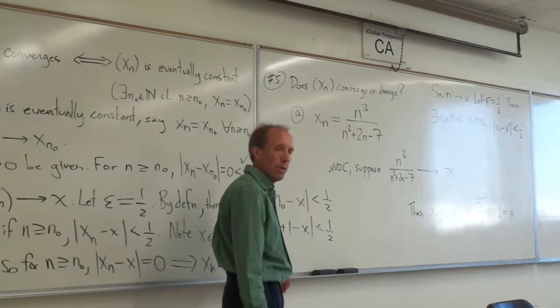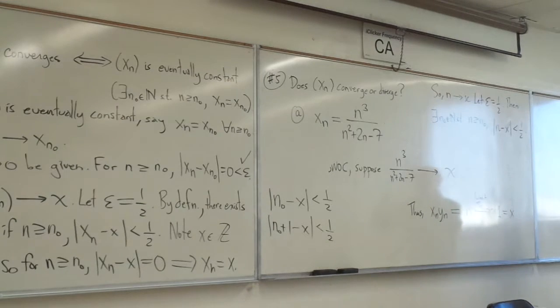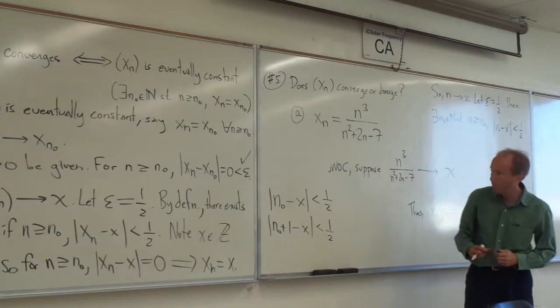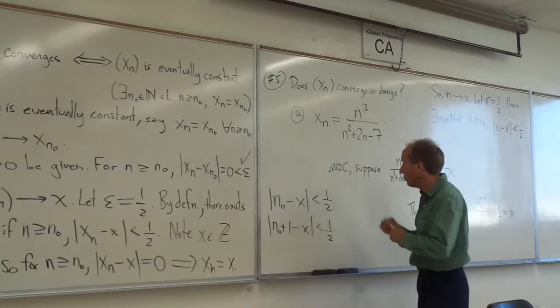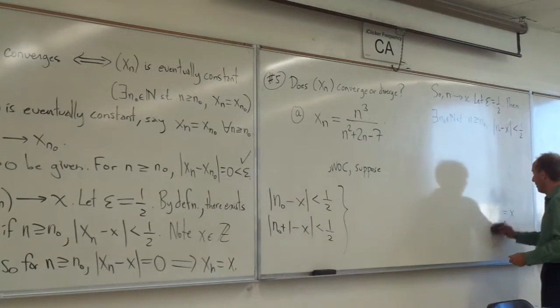And if we want, we could put |N₀+2 − X|, |N₀+3 − X|, |N₀+4 − X|. All of those terms are absolute value difference less than 1/2. So what we can do is we can add these together.